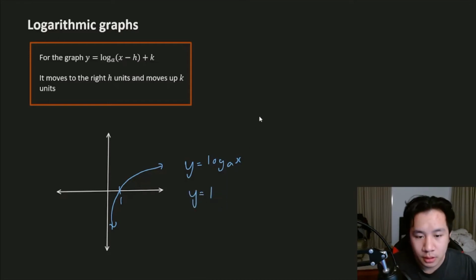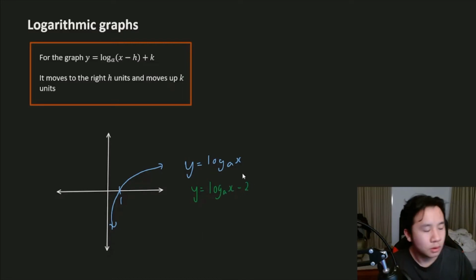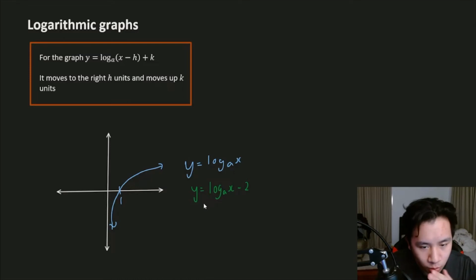let me do it in a different color. Your relationship will look something like this. I should put brackets in so it's clearer. And what that will look like is this. So this whole thing moves to the right 2 units.